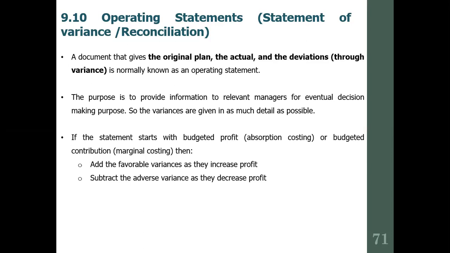A document that gives the original plan or the actuals and the deviation through variances is normally known as an operating statement. So it shows the original plan, in the sense the budgeted profit, and the actual profit, thereby the deviation. That is what we call the operating statement.